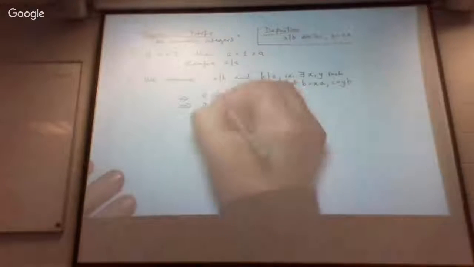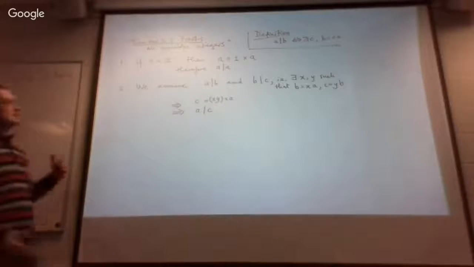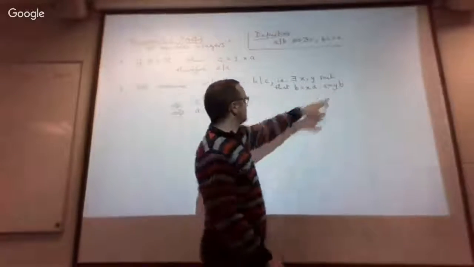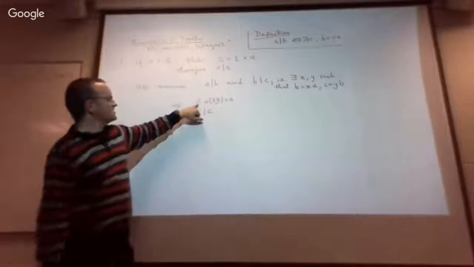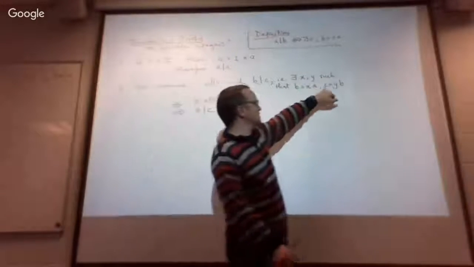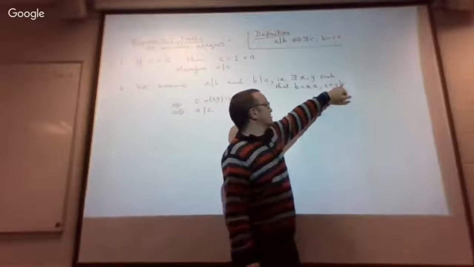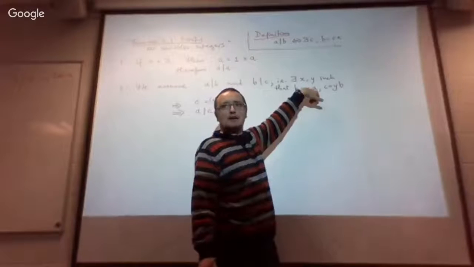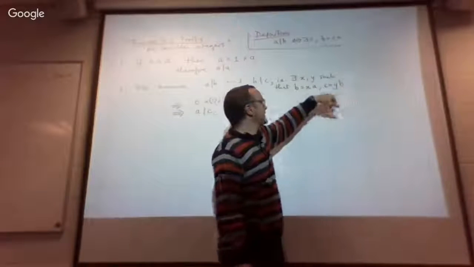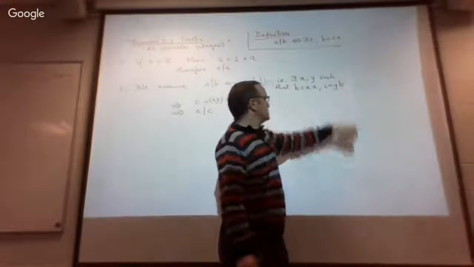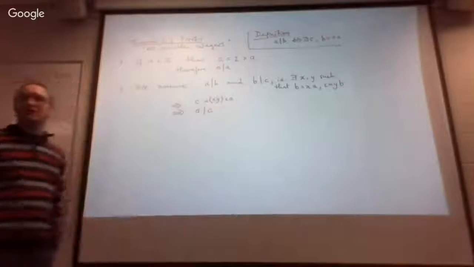YX, XY. Yeah, this is the simple substitution. If we want an equation C is equal to something, here we have an equation C equals something. It's got this B in it, but the B we can replace by X times A, and that brings in the A. When you make this substitution, we see C is equal to XY times A.